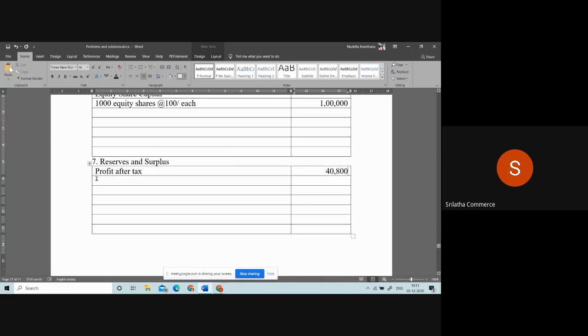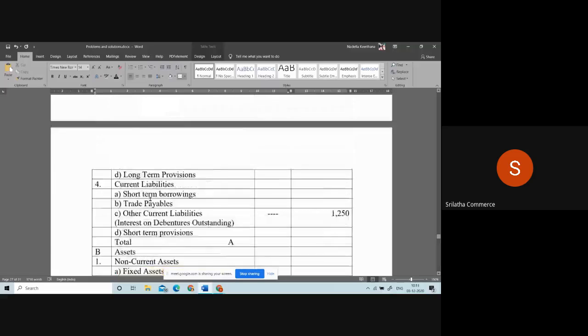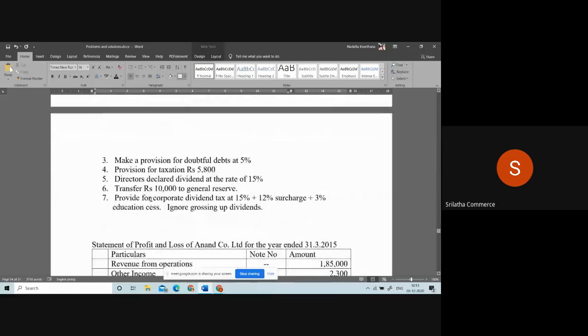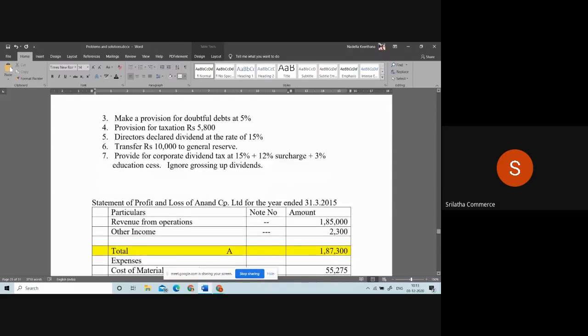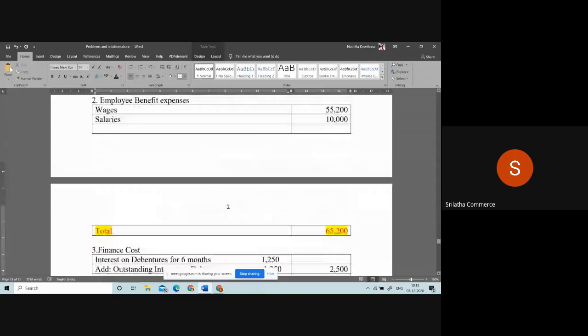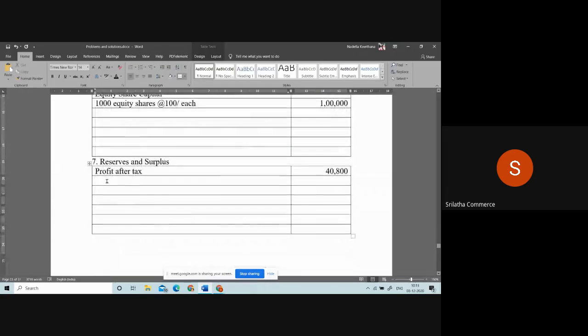Now what we have to do? First point is dividends. Then he's asking you to transfer 10,000 to general reserve and corporate dividend tax. All this will be deducted from your profits. So less proposed dividend. This will go to the inner column because we have many adjustments to be done to profit after tax.